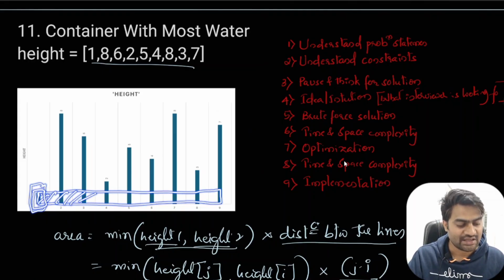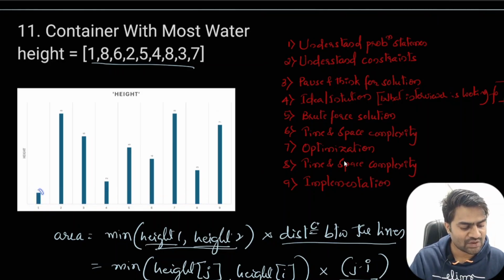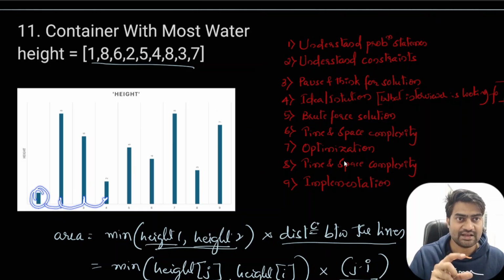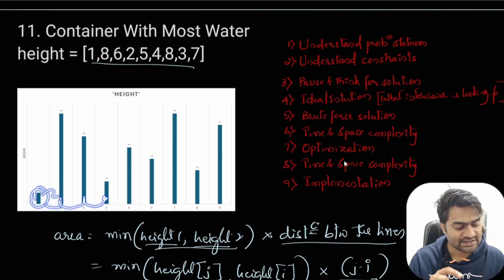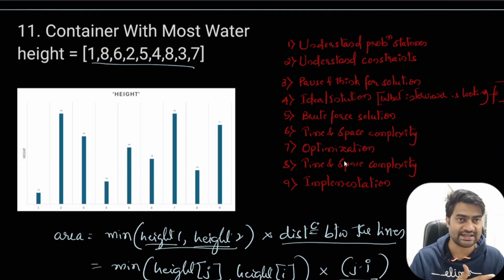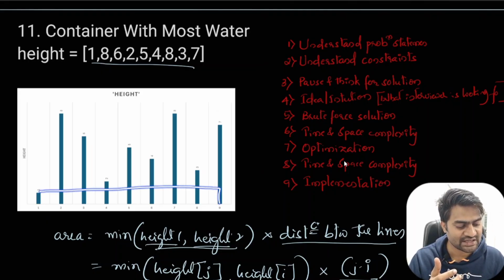Because since this is minimum, whenever you compare this with any other heights, always this will be minimum, right? Only thing is the distance will be changing. So now initially you are already considering the farthest possible height. So it means that is the maximum rectangle that you can formulate using this particular height, correct, right?